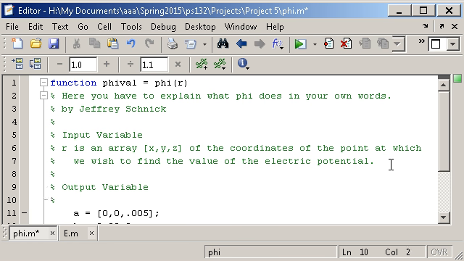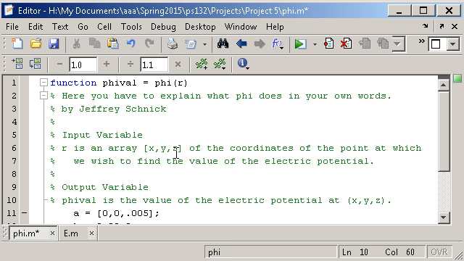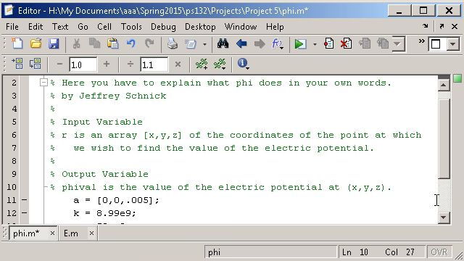Percent and 5L is the value of the electric potential at X, Y, Z, where I introduce X, Y, Z up here, so I think I'm okay.